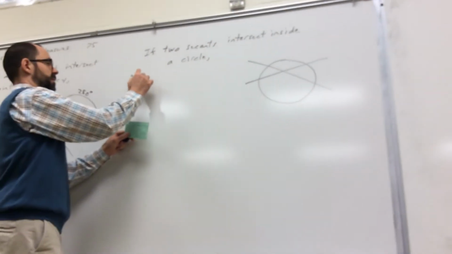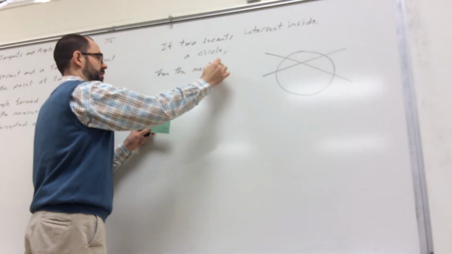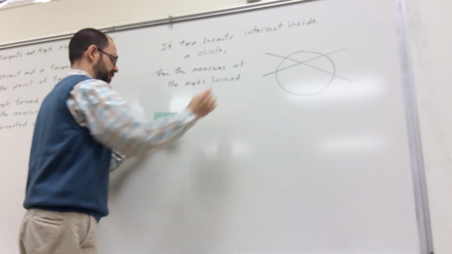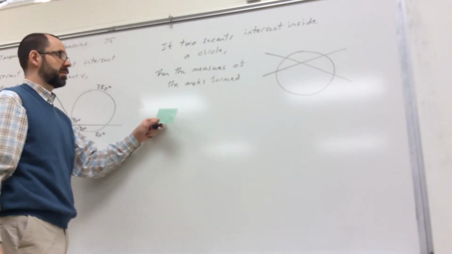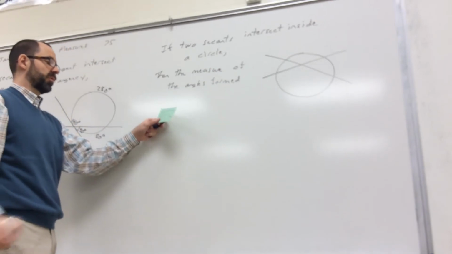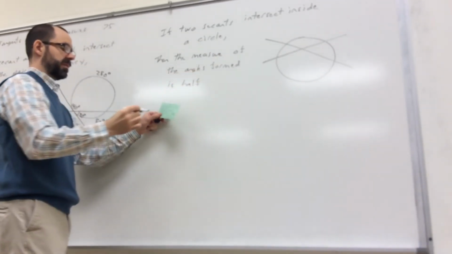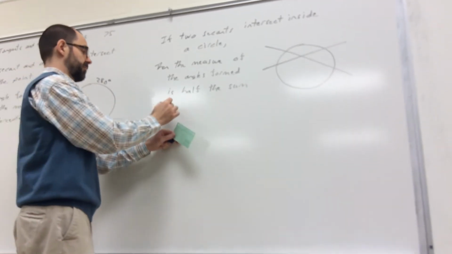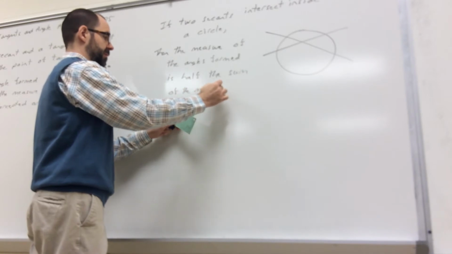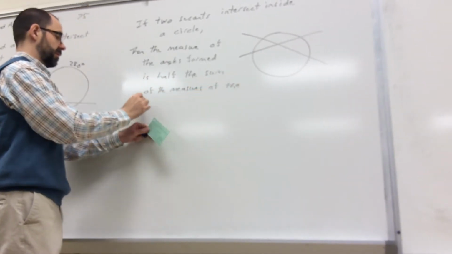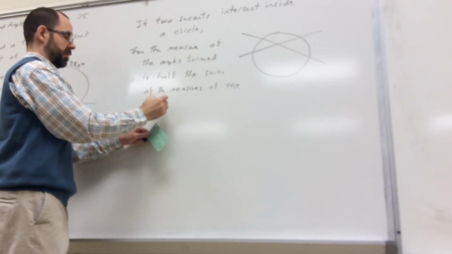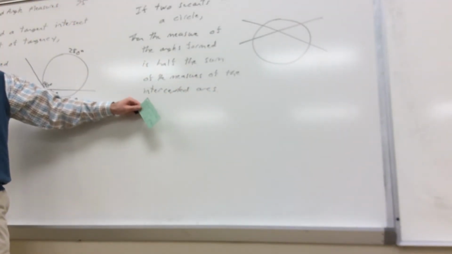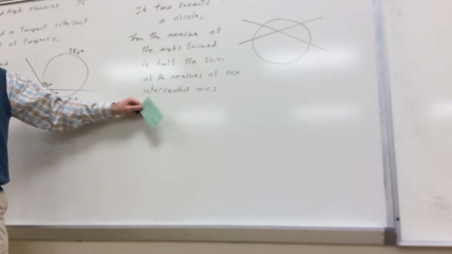So what happens is, then the measure of the angle formed, let me make that singular, is half the sum of the measures of the intercepted arcs.